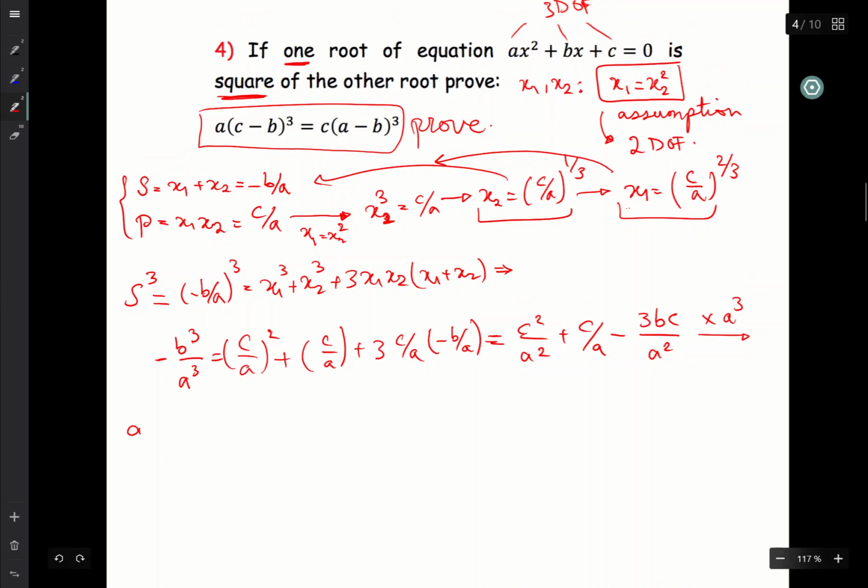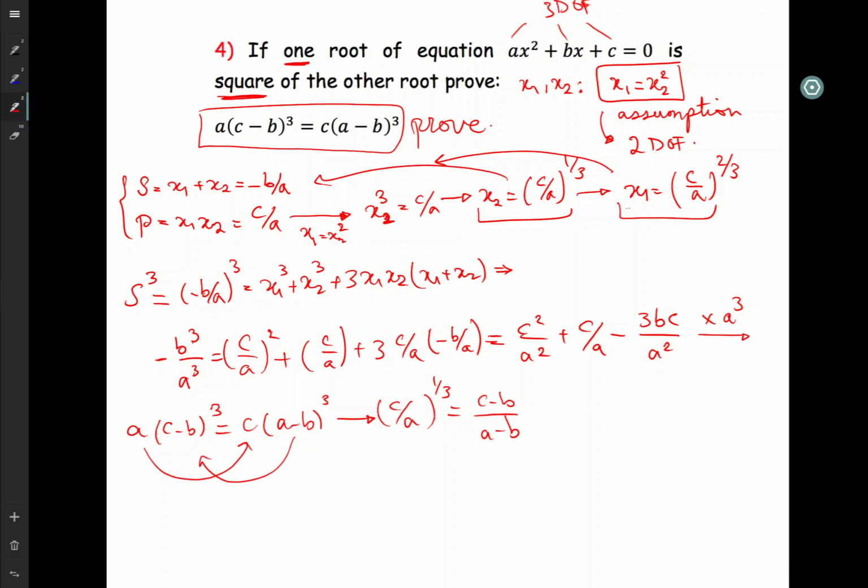Now let's start with what the problem is giving, a c minus b cubed. Sometimes you don't need to start from scratch and get to what the problem is asking. You can simplify the problem and then start from somewhere to get to the simplified version. So a c minus b cubed is c times a minus b cubed. If I'm given this, I can write down c over a to the 1 over 3 is c minus b over a minus b, right? So this goes this way, this goes this way, right? But c over a to the 1 over 3 is basically x2.